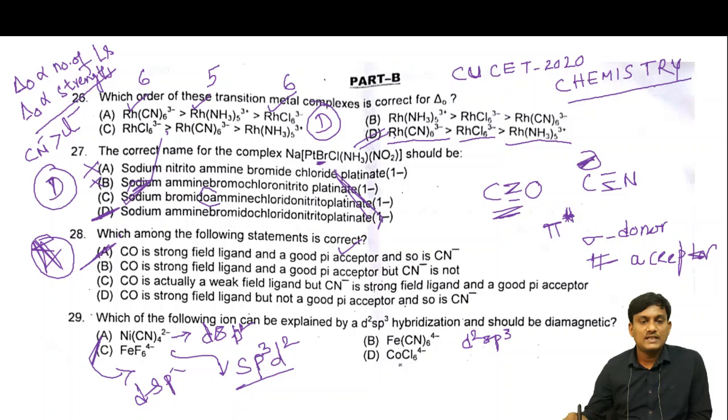And [CoCl6]4-, this one also has d7 electronic configuration. In this case, there is sp3d2 hybridization. So which one is the correct option? B is the correct option.